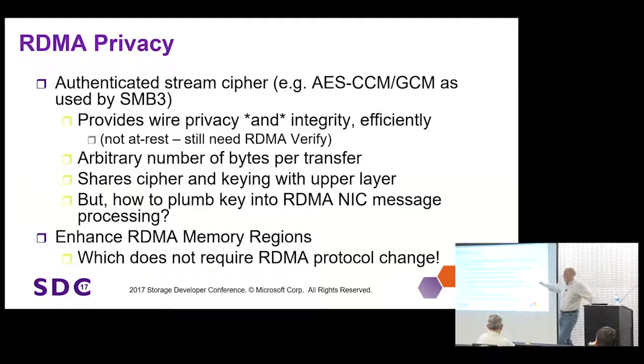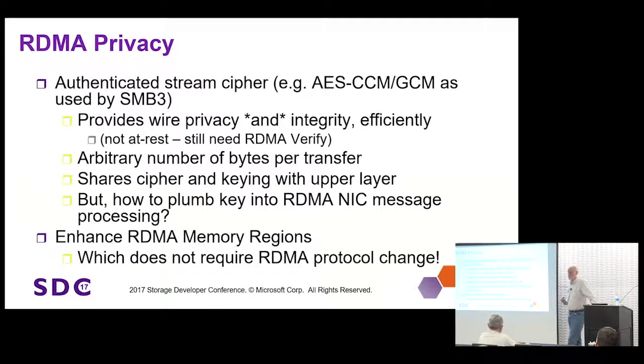You can do it on an arbitrary number of bytes. You can protect a couple of bytes, you can protect a whole big long string of bytes. There's a limit to the amount you can encrypt safely with each cipher, but you choose your cipher. You pick the cipher that matches your workload or your requirements, and it'll protect exactly what's going on the wire in both privacy and integrity. That's really cool. It shares the cipher and keying with the upper layer.